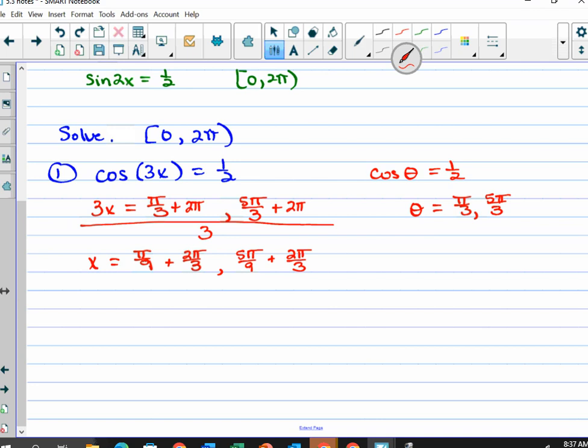Are you with me there? I just divided everything by 3. Pi over 3 divided by 3 is pi over 9, and then 2 pi divided by 3, 5 pi over 3 divided by 3. You see it? Okay.